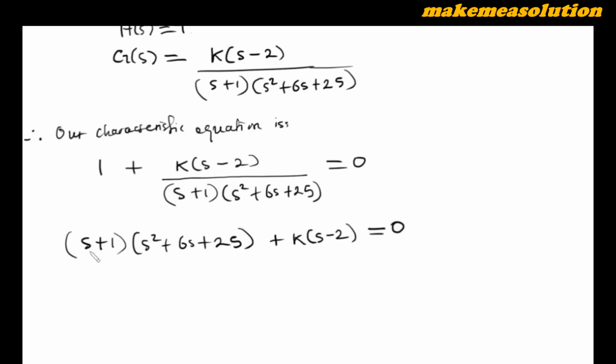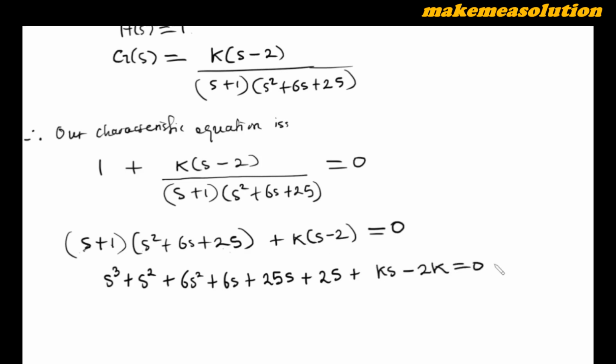Let's expand the brackets gradually. s times this gives s cubed, then 1 times s squared is s squared, plus s times 6s gives 6s squared, then 6s times 1 gives 6s, then s times 25 gives 25s, then 25 times 1 is 25, plus k times s is ks, and minus 2k, equal to 0.